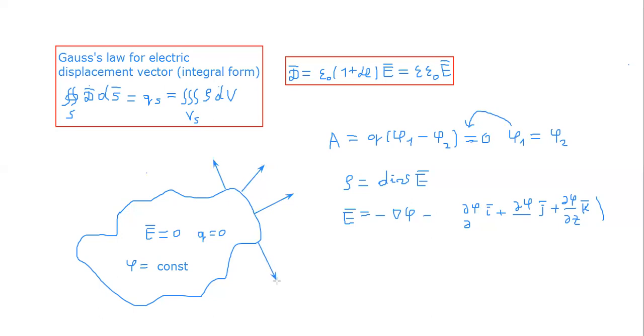And the electric field intensity vector is always perpendicular to the surface of the conductor.